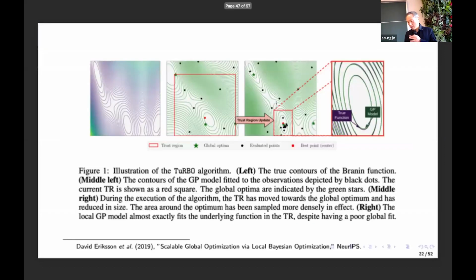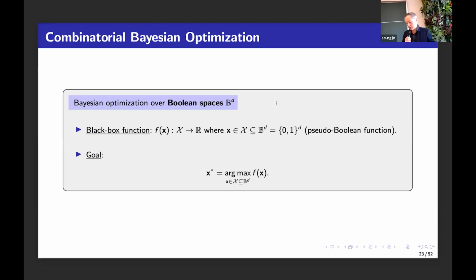All right, so that is some of the ideas for high-dimensional problems, and now we get to the main topic of today's talk, combinatorial problems. Standard Bayesian optimization assumes the input vector x has real-valued elements, continuous and bounded between two numbers.